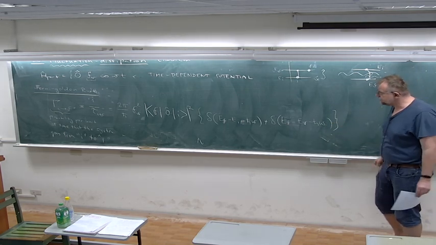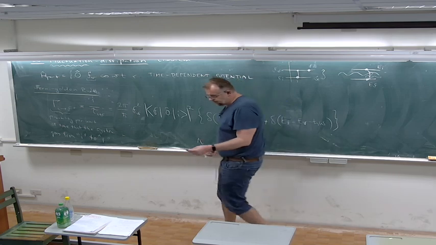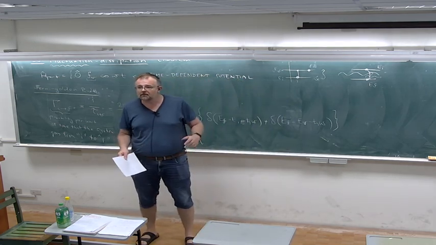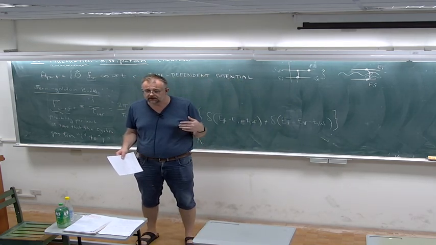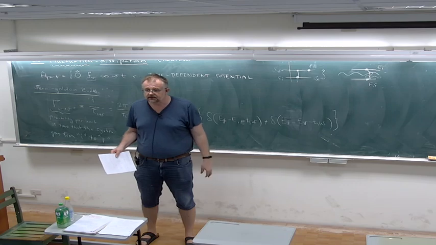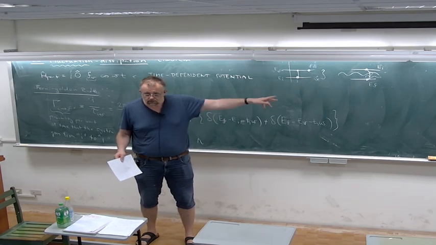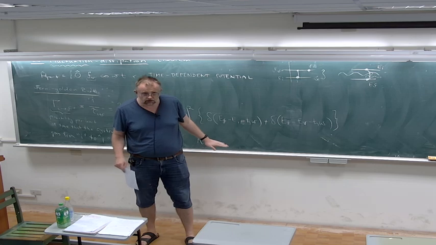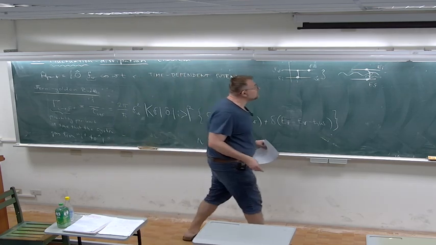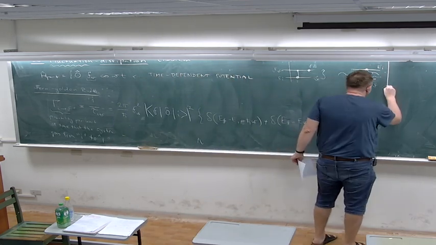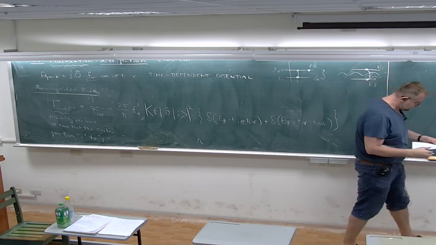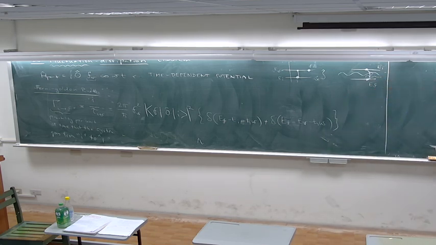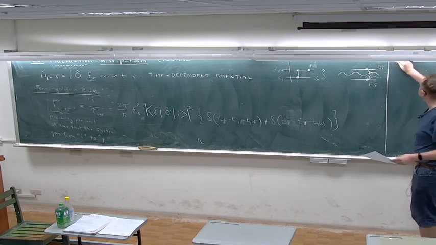Good, so this is the Fermi golden rule. So now we will use the Fermi golden rule and we will compute how much energy the system is absorbing and how much energy the system is losing by that, okay? So I will use these things. Can I go on? Great, so we know the Fermi golden rule. So then we can compute the probability per unit of time. So let's compute the following things.